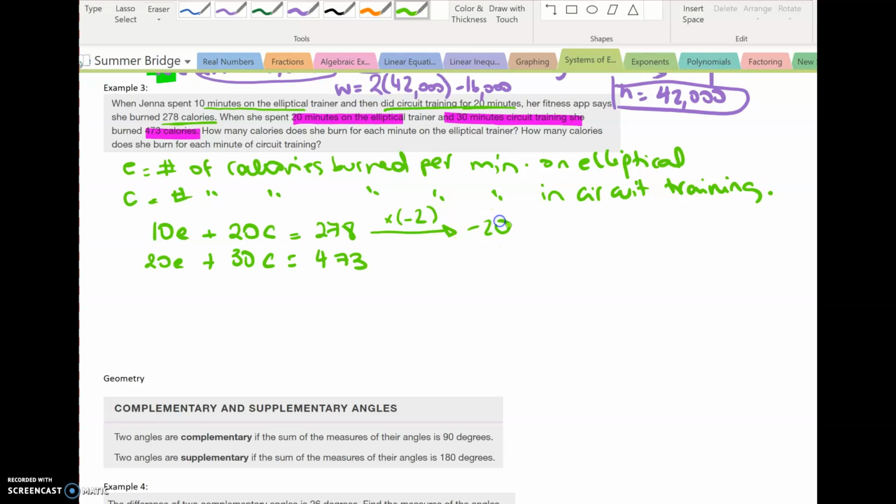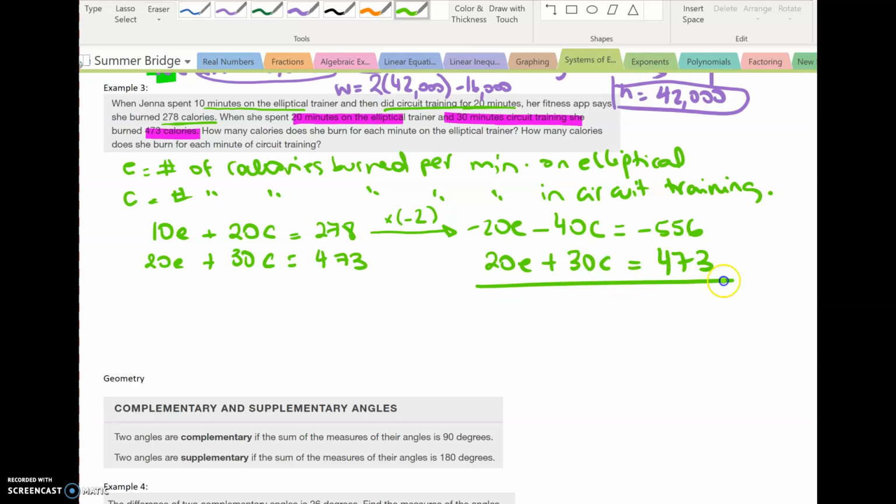So I have -20E minus 40C is equal to -556. And then I'm just going to transfer what I already have for my second one straight across, just for ease of adding.